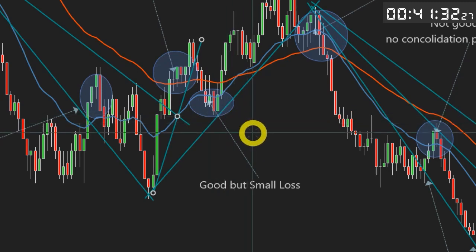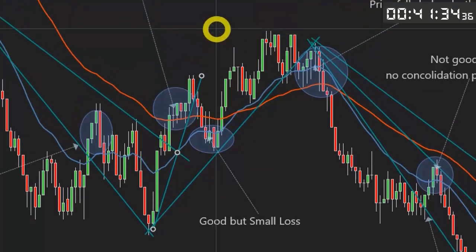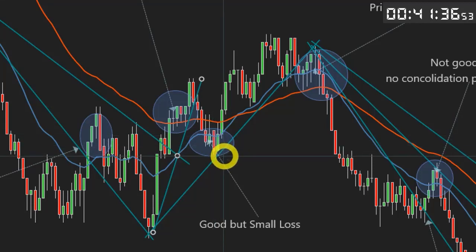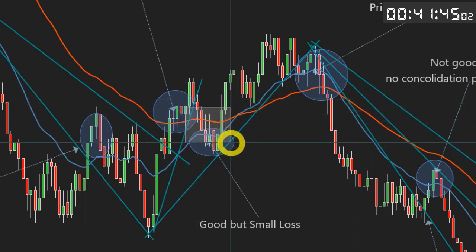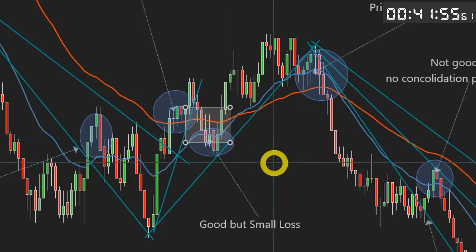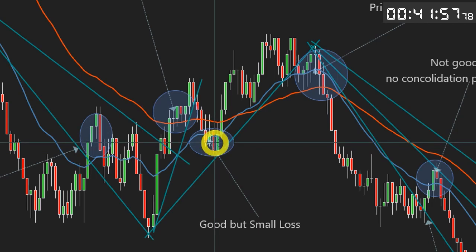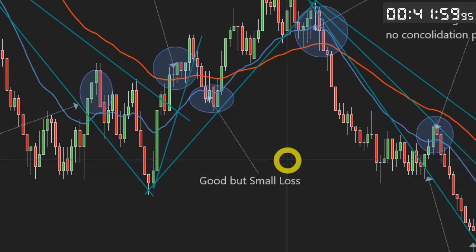The problem here is that price is, by the time it breaks, a good distance away from where it broke. Okay, this is the distance between where it broke the moving average and where it broke the trend line. So that's a consideration to think about. So I'm going to call it good anyway, but it's a small loss nevertheless.